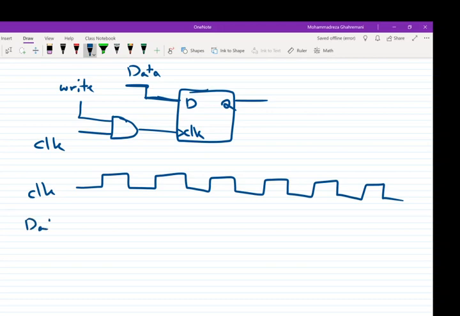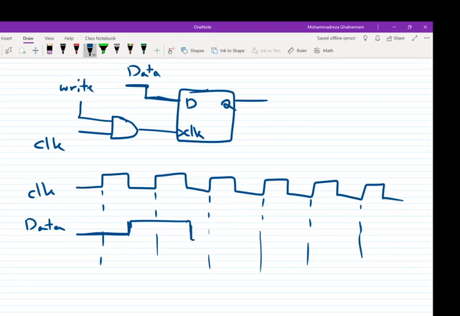We have data, and let me dash these signals. The data is 0 at this moment, changes to 1, then 0, 0, 1, 0, 1, 0, 1, and this is the data, for example.